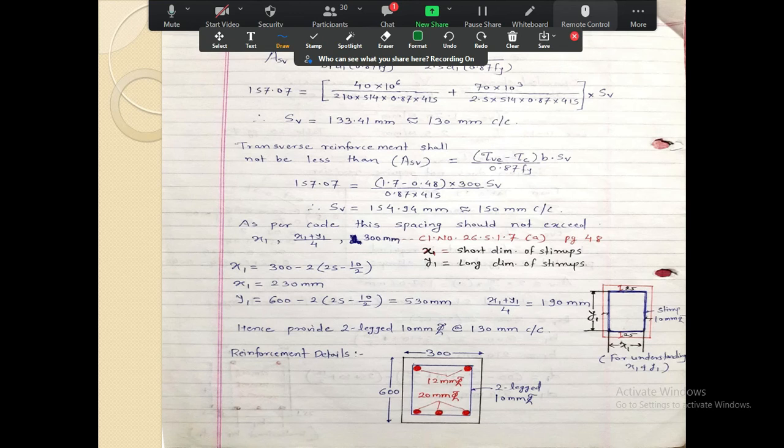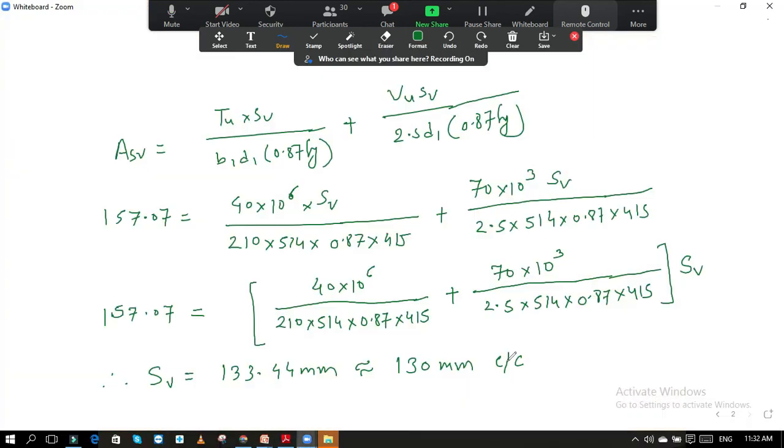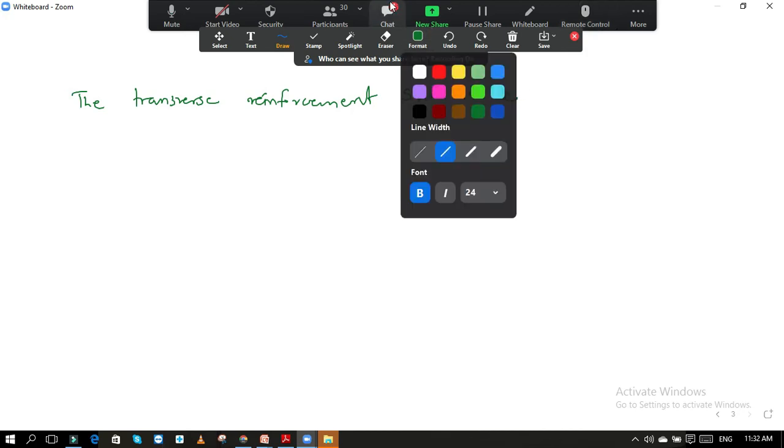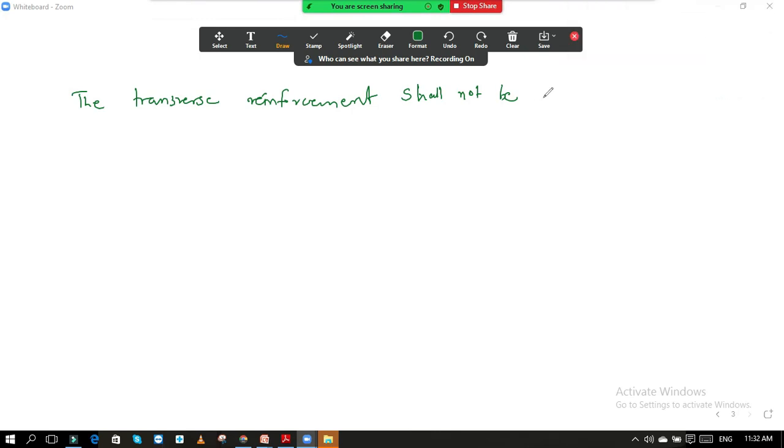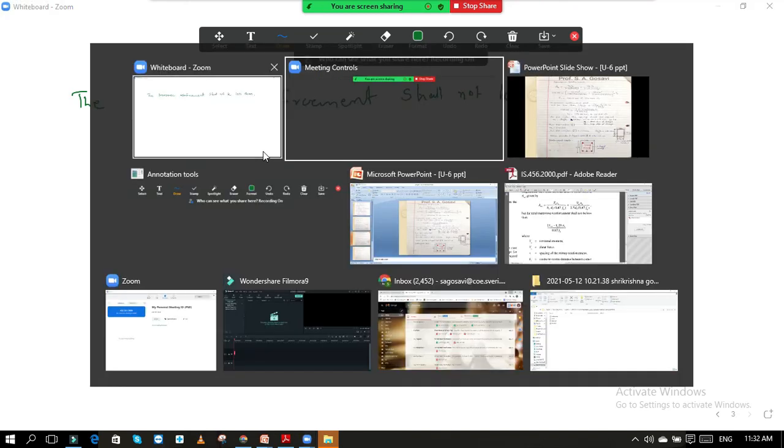Okay, so the transverse reinforcement shall not be less than, this is the formula I will write over here. So we have to write the formula.